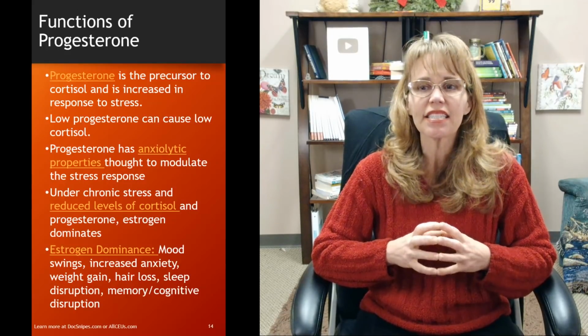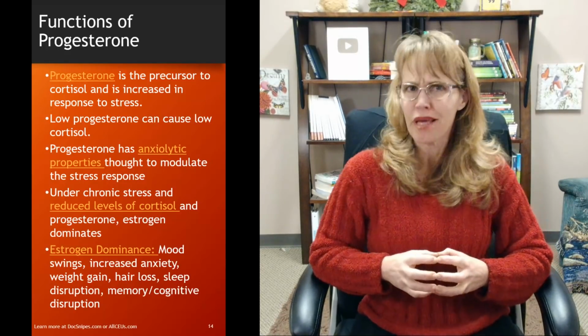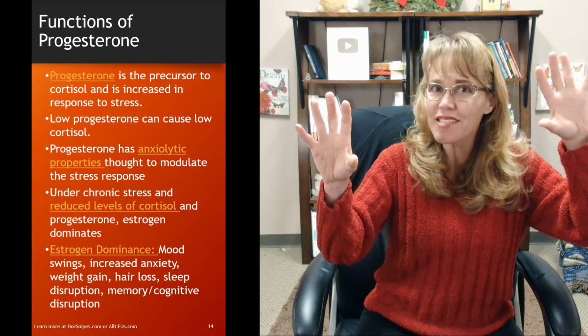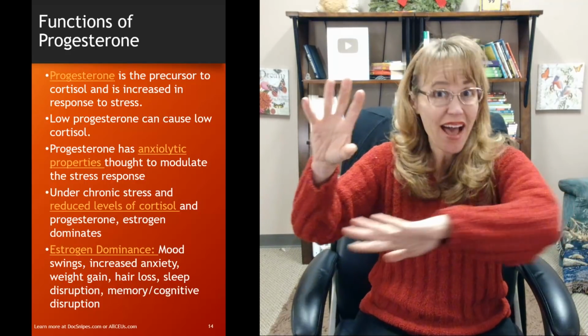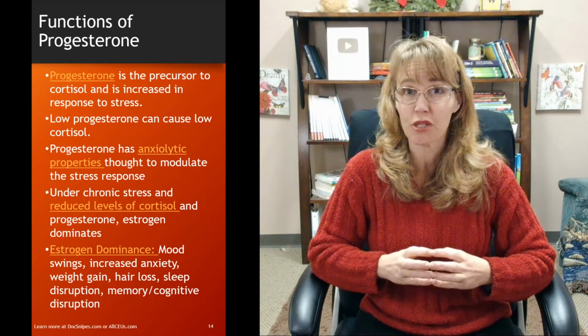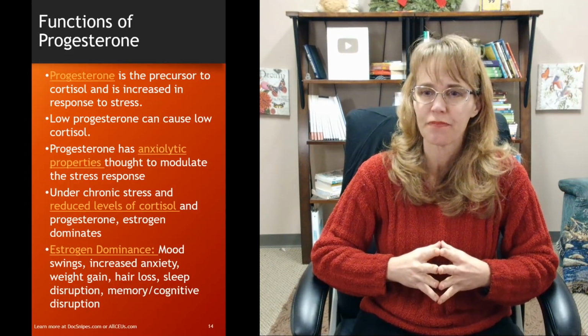Progesterone has anxiolytic properties thought to modulate the stress response. So yes, progesterone is broken down to make cortisol, but it also impacts the GABA receptors and may help modulate the stress response. So it may be involved in both sides of the response.